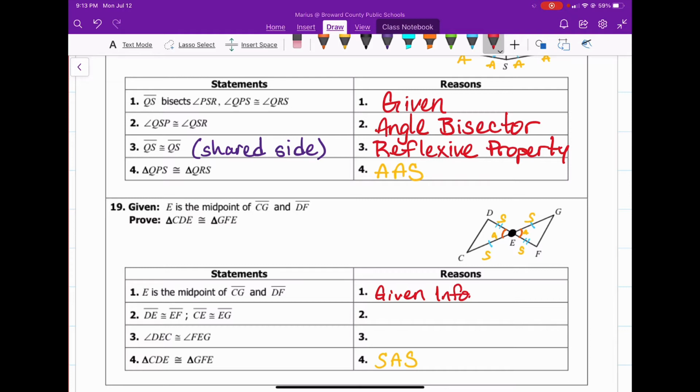Segment DE is congruent to segment EF, and segment CE is congruent to segment EG. That is our definition of midpoint, so we can just say midpoint for short. And angle DEC is congruent to angle EFG. That is from our vertical angles.